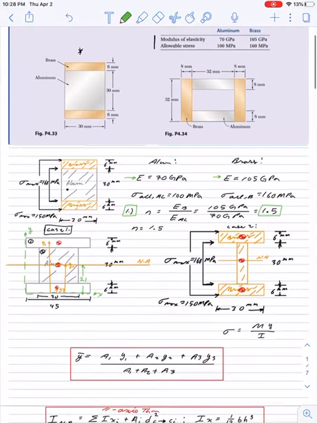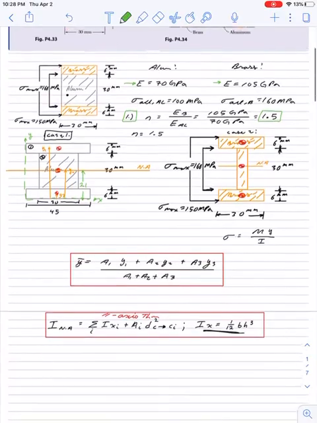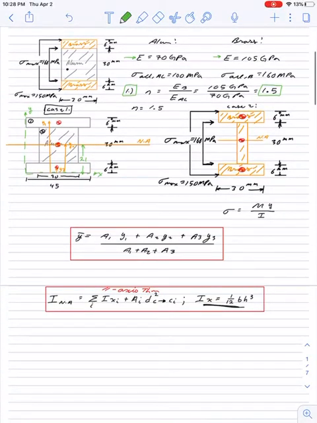So I'm going to be doing case 1, which is the left-hand side, and that is right here. Now, to convert everything to aluminum, we're going to use the ratio N is 1.5.